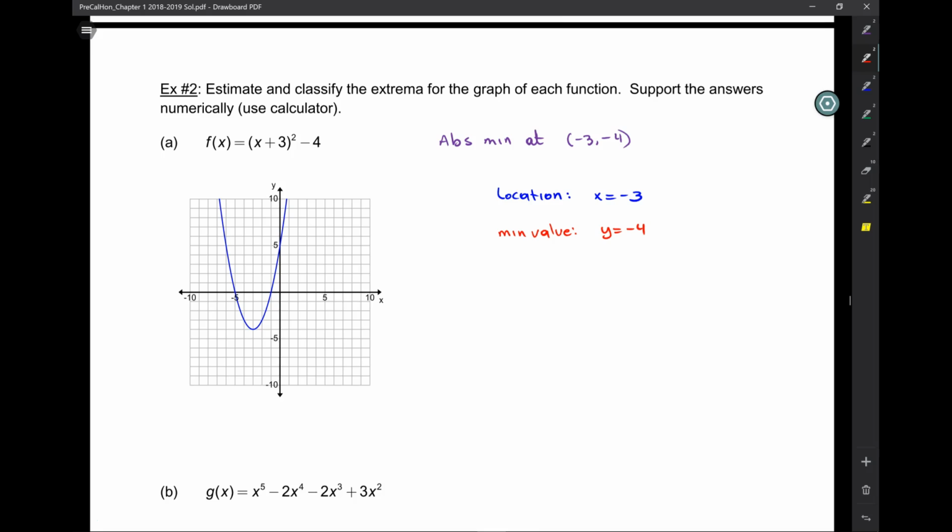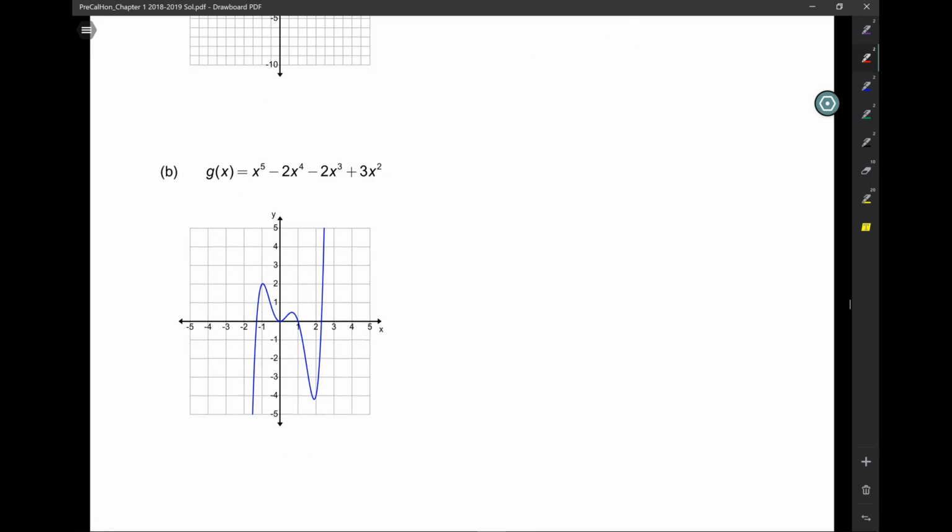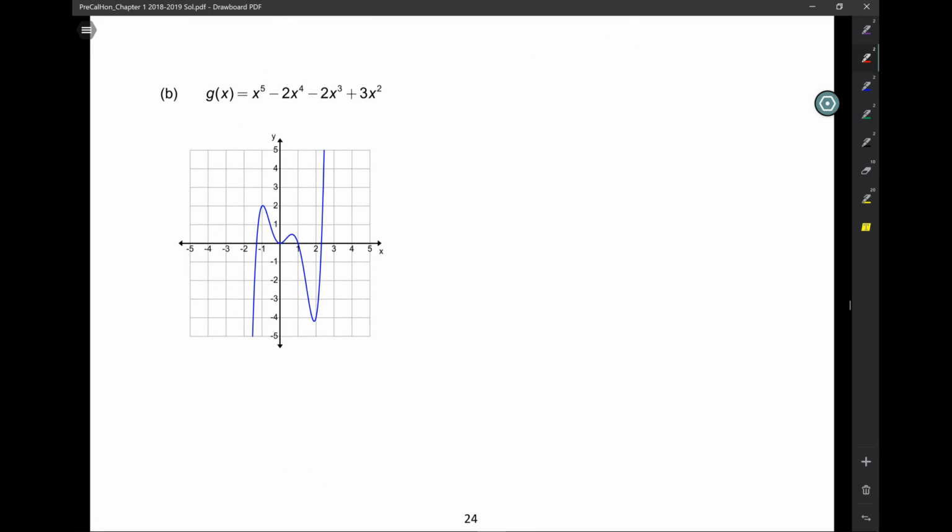If I wanted the y values, this is one way of doing it, or you could say f of -3 equals -4. But just know that value is for the y value, the y-axis. And that makes sense. The minimum value that this graph ever reaches, the lowest that it ever goes, is -4.